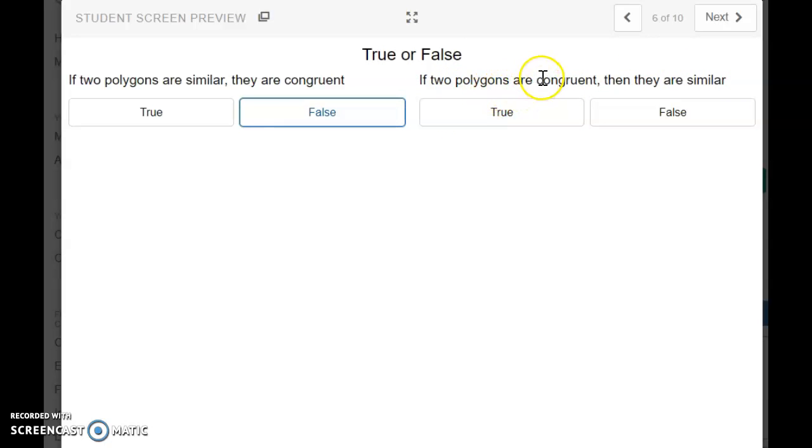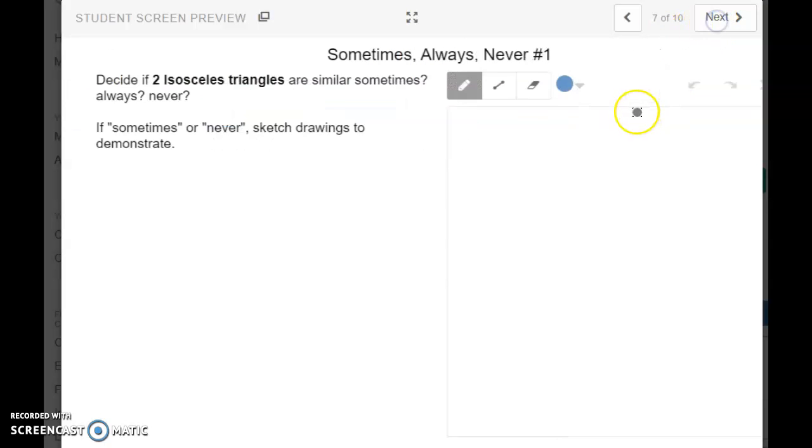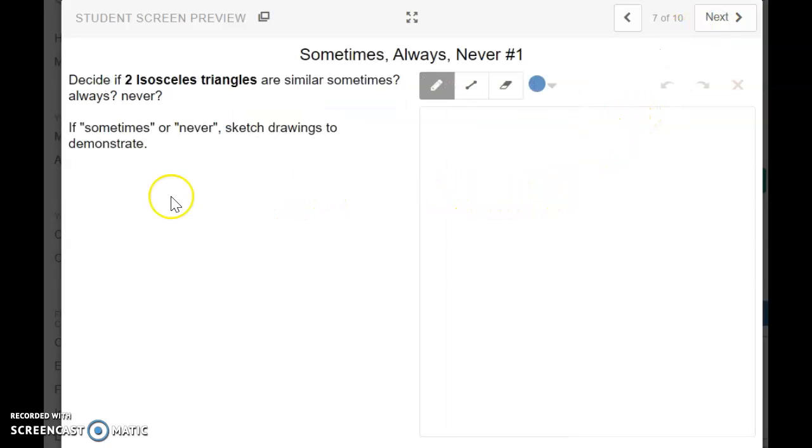Well, if they have the same corresponding angles, then yeah, they are similar. The congruent polygons have the scale factor of 1. So they are similar, but their scale factor is just 1. So it's true.